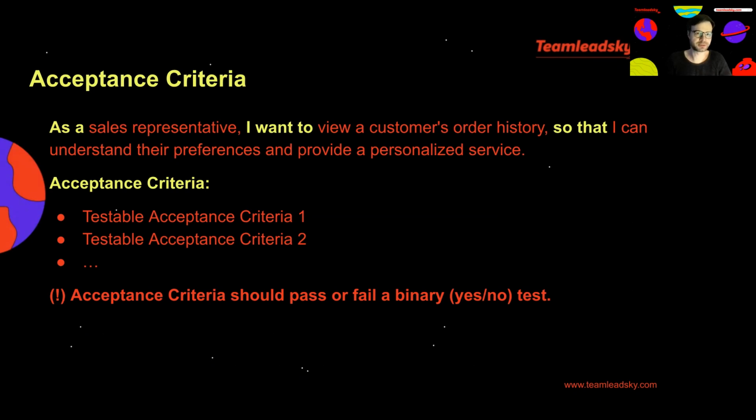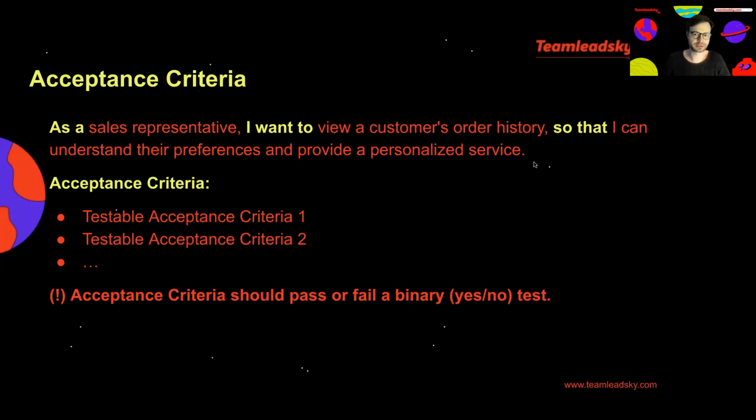One important part of the user story is specifying acceptance criteria. Acceptance criteria can be used to understand whether the user story is implemented, which is very important for the development team. That also can be used to align with the stakeholders on what are the necessary parts of the user story to be delivered.